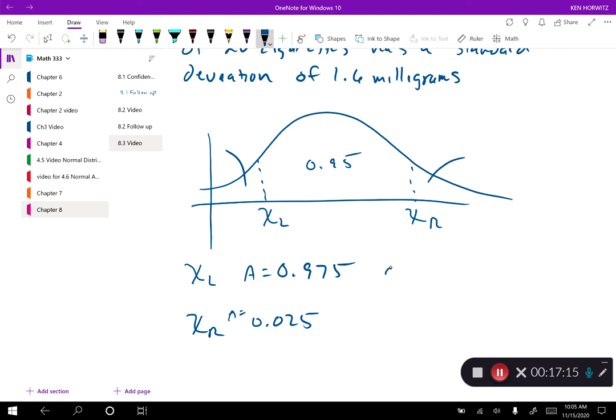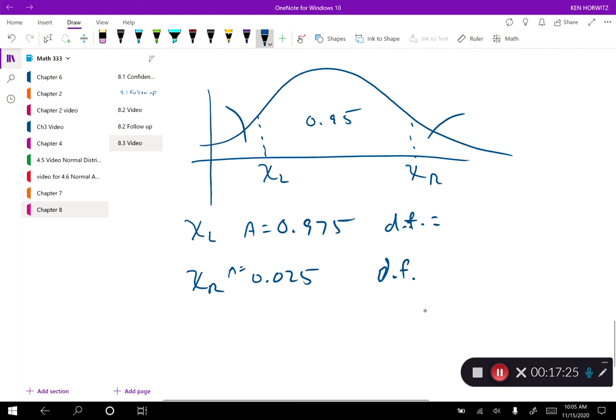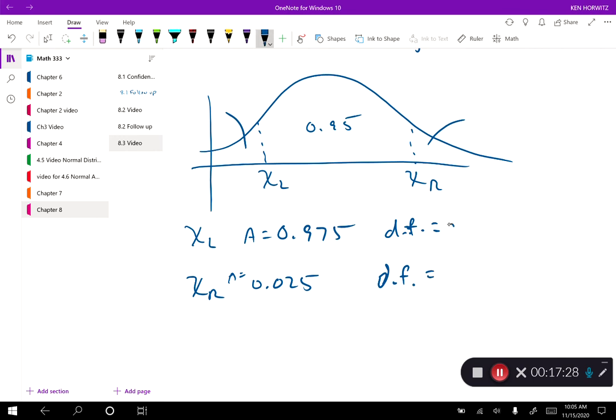My degrees of freedom for both equal 19. All right, so at this point, pause the video, look up the values on your chart, and we'll talk more on the back end.